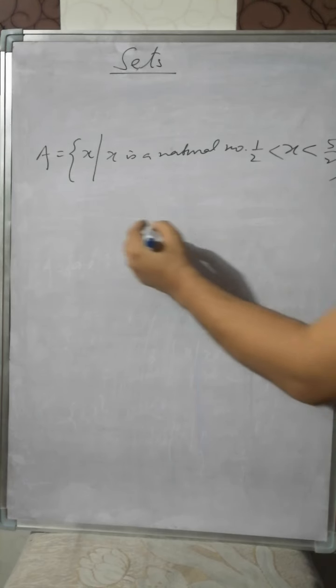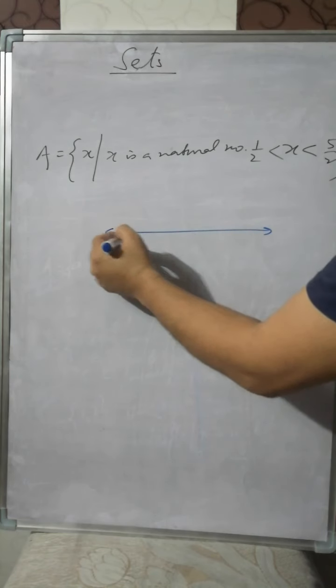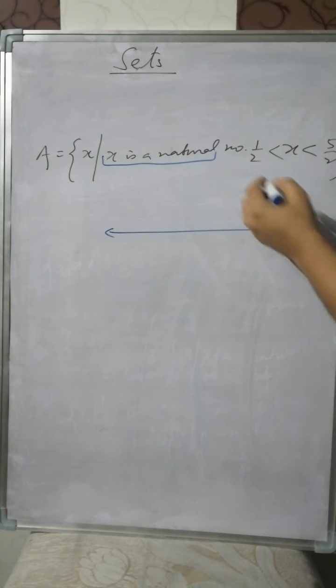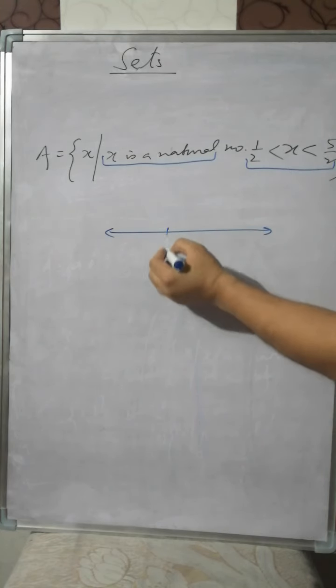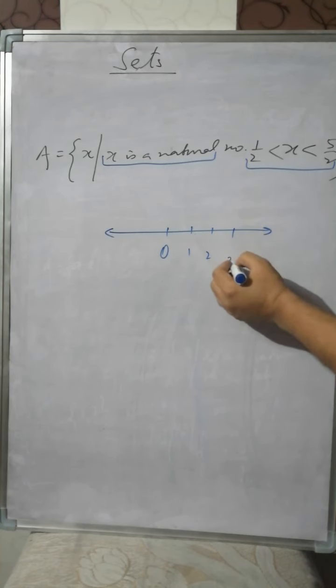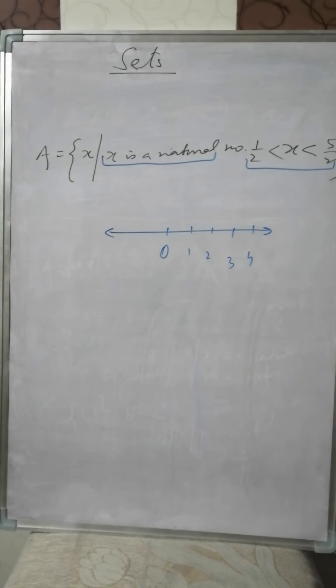So if you draw the number line, what we need is the natural numbers between 1 by 2 and 5 by 2. Like we generally take 0, 1, 2, 3 or 4, whatever you want to take. Now 1 by 2 is what? 0.5.